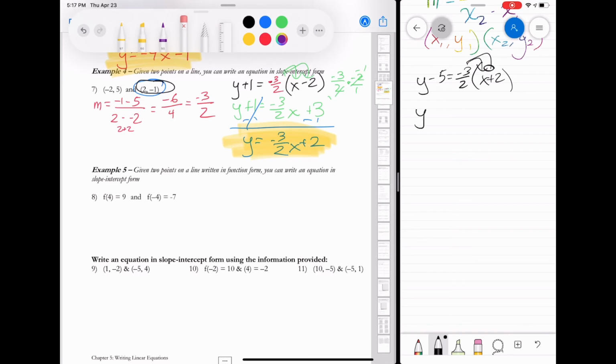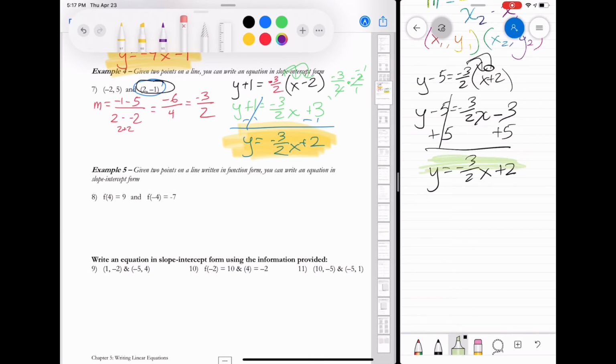We get y minus 5 equals -3/2 x minus 3. Okay, let's add 5 to both sides. We get y equals -3/2 x plus 2. Hey, we got the same exact formula from the other one, right? It doesn't matter what point you use.